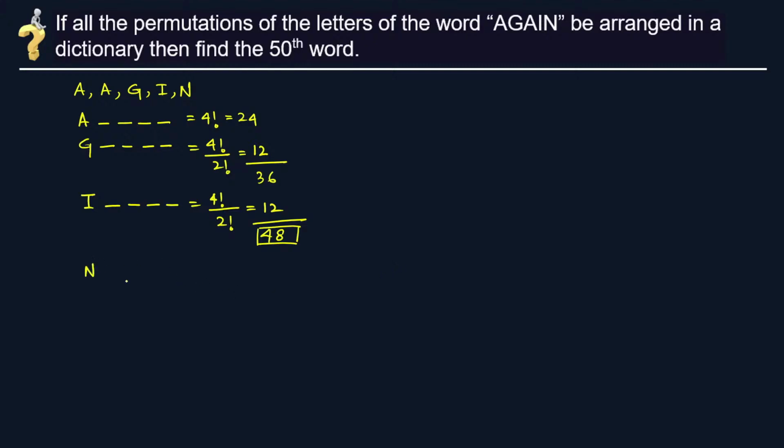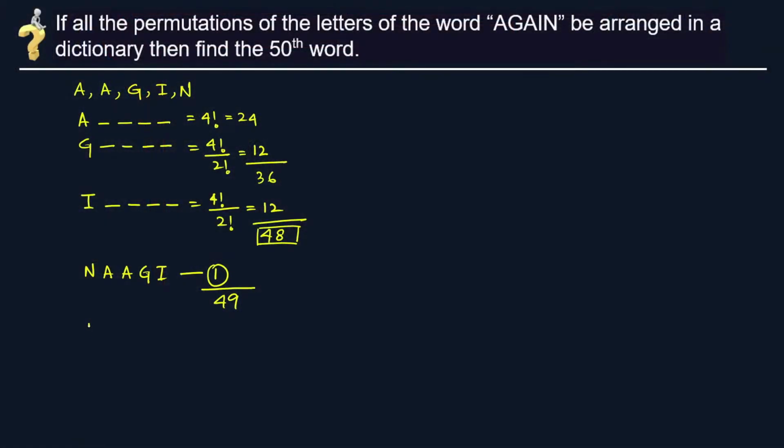Alphabetically now it will start with N. And then alphabetically A, A, G, I will come, right? So this is my one word. That is, we got till the 49th word. Now the next word is the 50th word that we want to know.